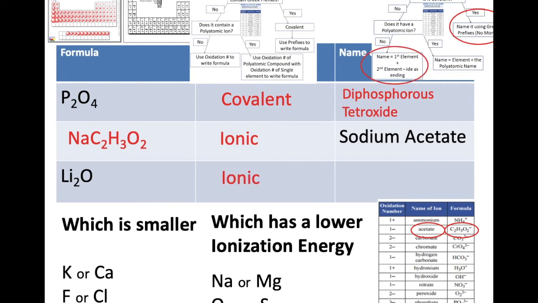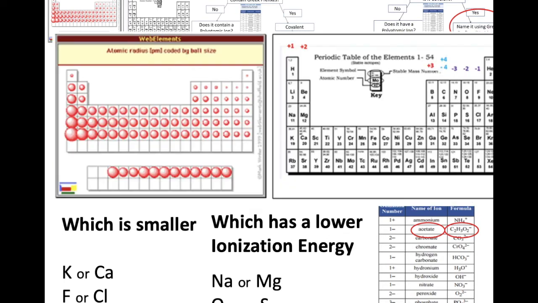And then lastly, you have lithium oxide. It is an ionic compound. That means we're going to just write out each of our elements. We're going to name the first one, which is lithium, and the second element, oxygen, but we're going to change the ending to an "ide."